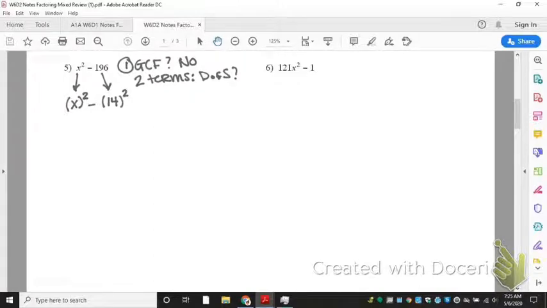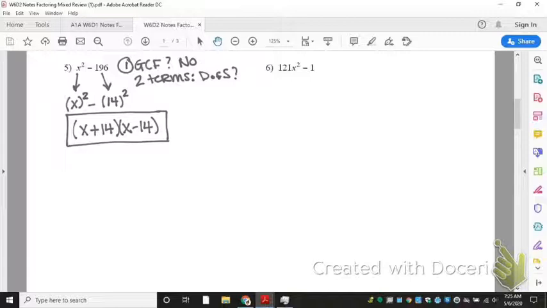Because it's a difference of squares, it's going to be x plus 14, x minus 14. You can write those in any way you want. You can put x minus 14 first. It doesn't make a difference. Remember, differences of squares are set up in such a way that when you do the FOIL process, when you multiply your 2 binomials back together, your outer and inner products are going to add up to 0.